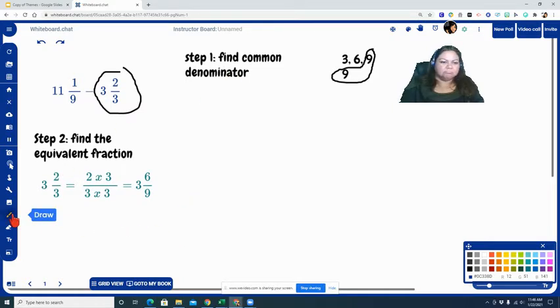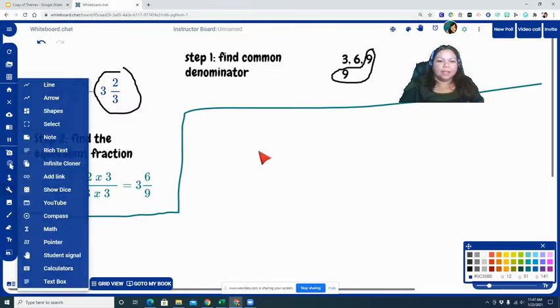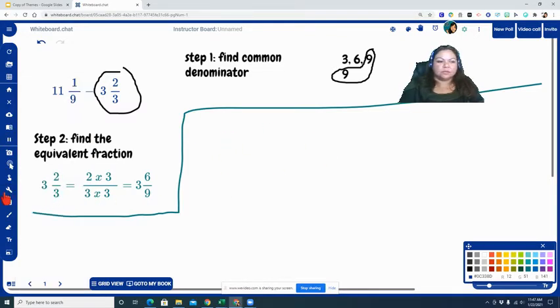Let's do this here, and I'm going to do it in another color. Let's do purple. Okay, so now I'm going to rewrite my subtraction sentence. I have 11 and 1/9, and I'm subtracting 3 and 6/9. I'm going to move this so that it's right under.